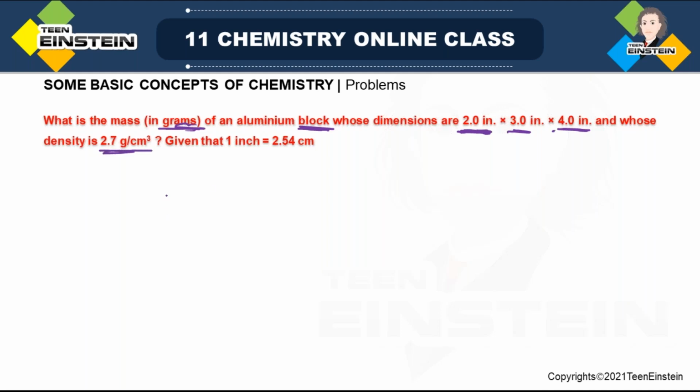Density is given as 2.7 gram per centimeter cube. Remember, density is mass by volume, right? And for converting inch, you have to use the conversion factor, which is 2.54 centimeter. So 1 inch is equal to 2.54 centimeter. That means 1 is equal to 2.54 centimeter per inch. So when we find this mass, basically we will multiply the volume with density.